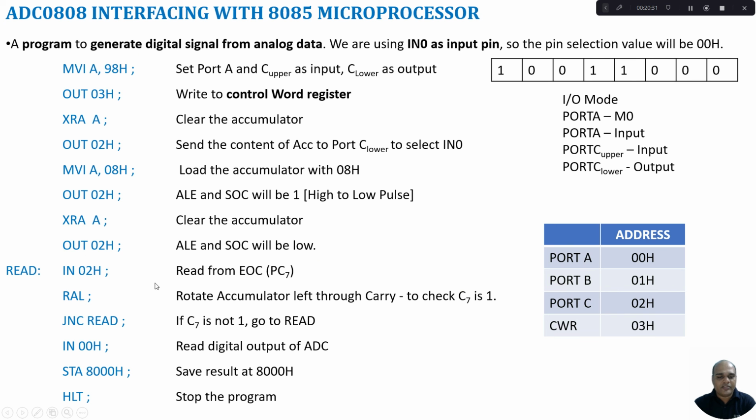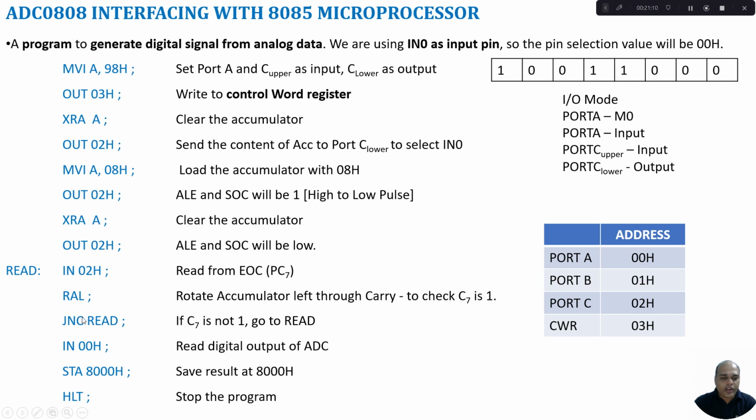In order to check that, we read the data in port C, then rotate the accumulator content left through carry, so that the PC7 data can come to the carry flag. Then I can check whether the carry flag is set or not. If end of conversion is generated, then after executing this RAL instruction, the data will be available in the carry flag. Then the carry will be set. Once the carry is set, I can read the data.